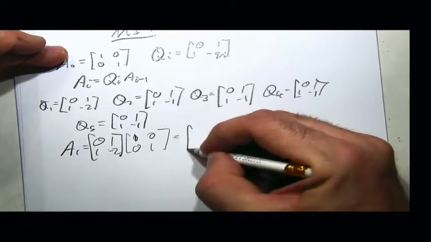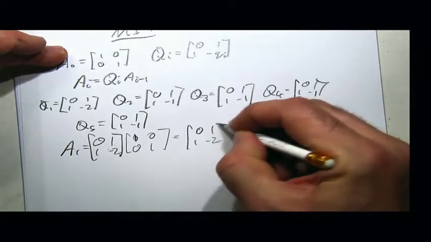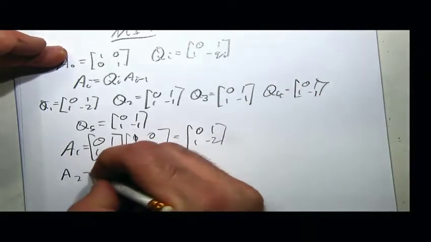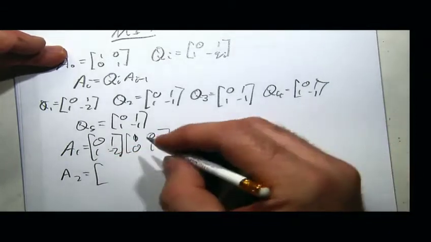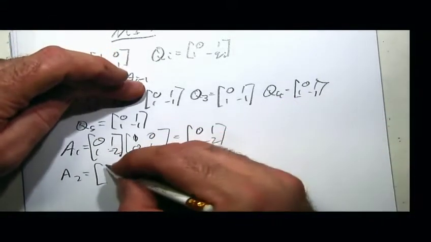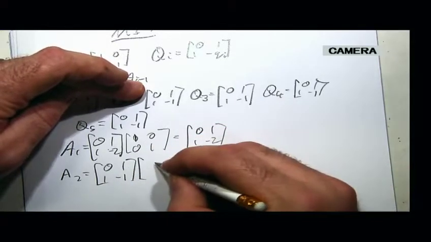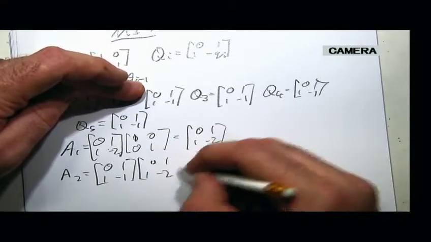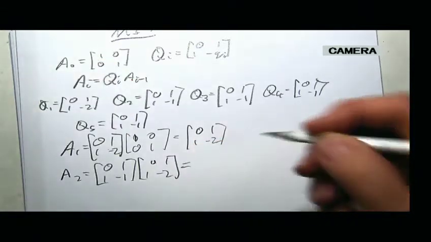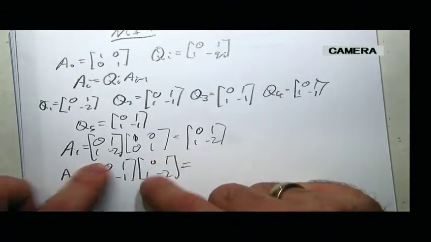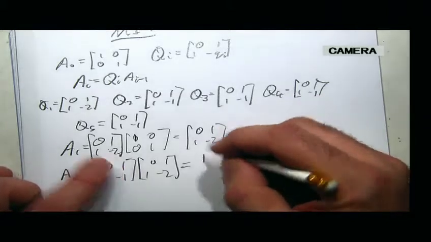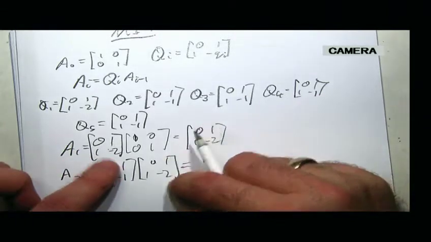Nice and easy because it's the identity, 0, 1, 1 minus 2. A2 is equal to Q2, 0, 1, 1 minus 1, and then 0, 1, 1 minus 2. Okay, so 0, 1, and then 0 minus 2.